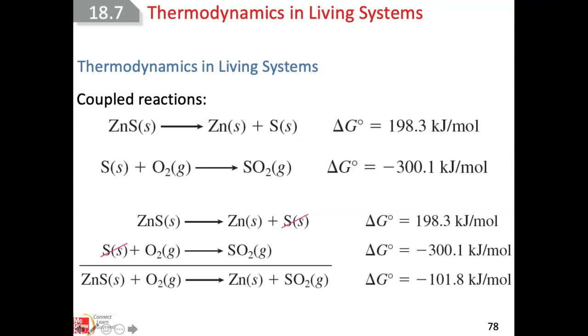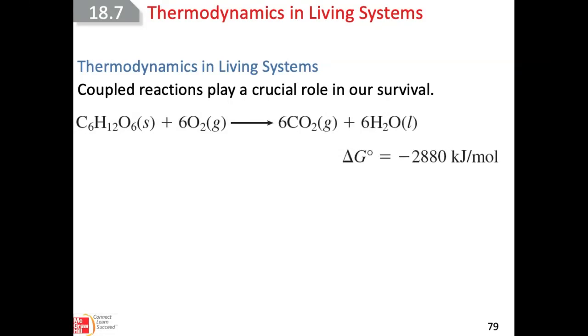So yes, as you see, we can couple one reaction which is not spontaneous with another one which is spontaneous, but they share the same intermediate substance. Then the second reaction can drive the first reaction and they both will happen spontaneously. So that's the coupled reaction.